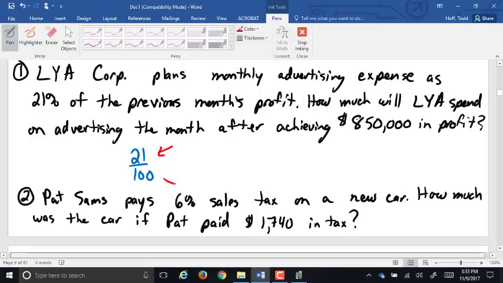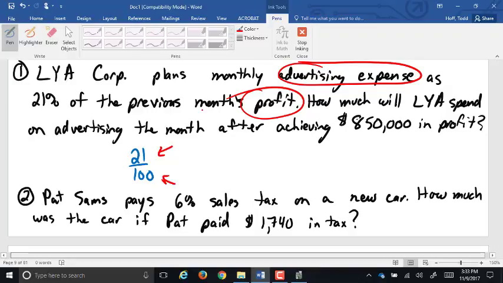Now remember, both numbers there represent something. The 100 represents what's called the base amount. It's the whole thing or the beginning amount. In this case, what is the whole thing or the beginning amount? Well, we have two things we're talking about: advertising expense and profit. One of them is a portion of the other.